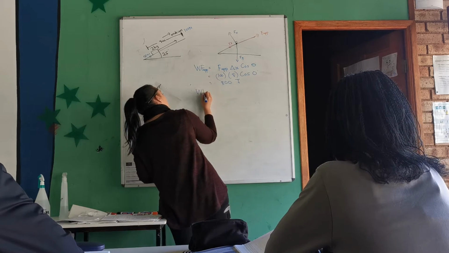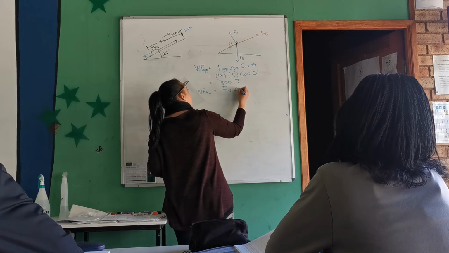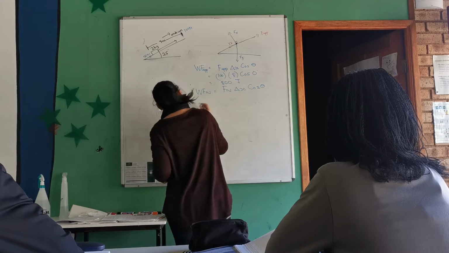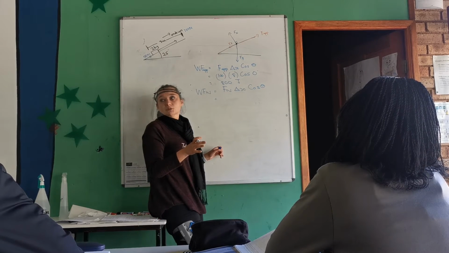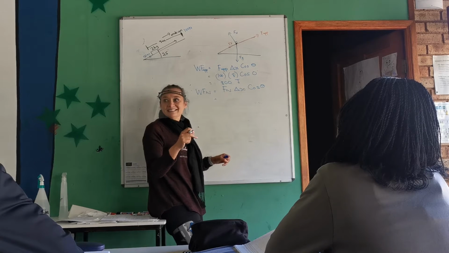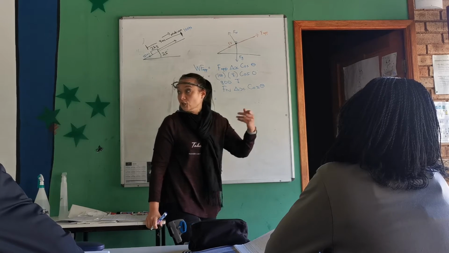The next one is the work done by the normal force. For that, I'm going to have the normal force multiplied by delta x, cos of my angle. For this one, I don't even have to calculate the normal force. Because I know that the normal force is at 90 degrees to the direction of motion of my actual object.